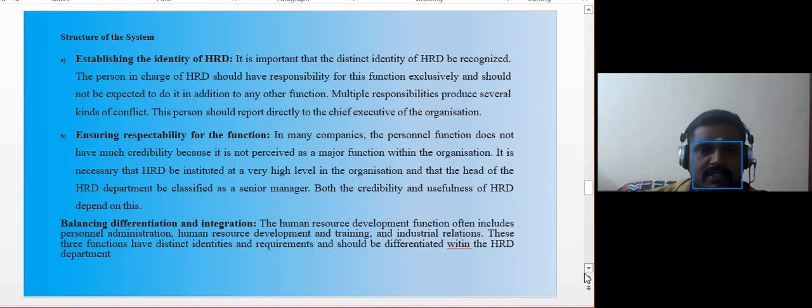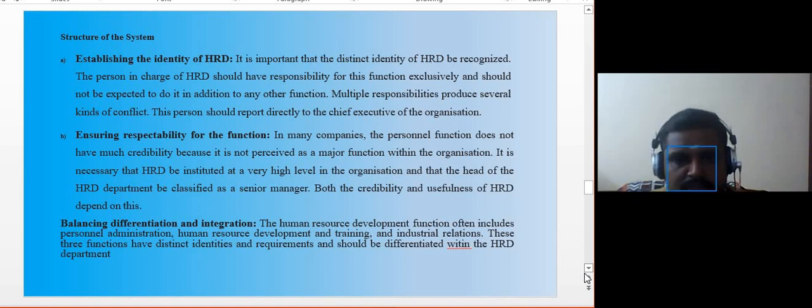And the structure of the system. Establishing the identity of human resource development, ensuring respectability for the function, and balancing differentiation and integration. So this structure talks about the step-by-step process involved in the human resource development system. First we must concentrate on the development of the individual employee, and look at the group from the lower level to the very high level.